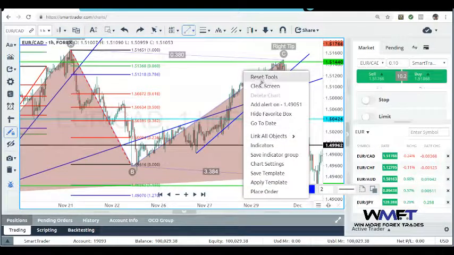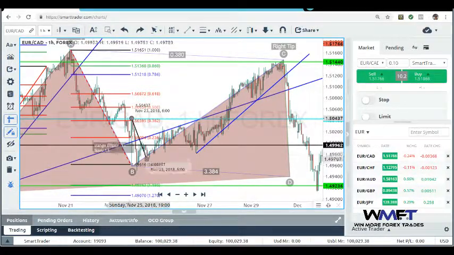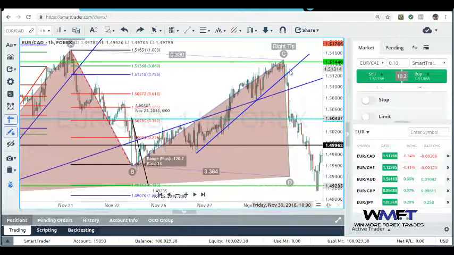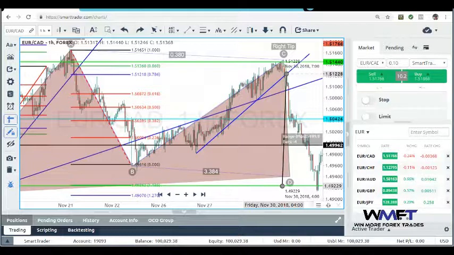And your pip counters would be at this sell point. You had roughly 120 pips there. And here you would have had 200 pips there. So 200 plus 120, there is 320.